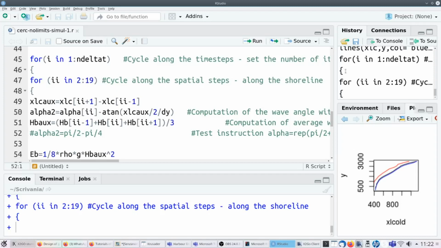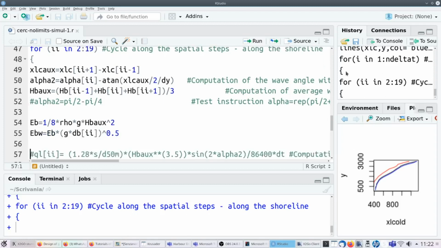And therefore I wanted to try with several different values of alpha 2 fixed by me, not given by the geometry. So this test instruction allows you to make some checks. Once you write a code from scratch, it is useful that you refer to very simple cases in order to check whether or not in these simple cases you get the expected result. I hope everything is clear.